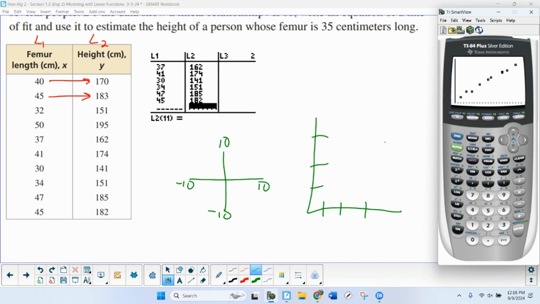What's that? I got one in the bottom right. Uh-oh, so that means you did something wrong. So go back to your list. Go back, stat, edit.